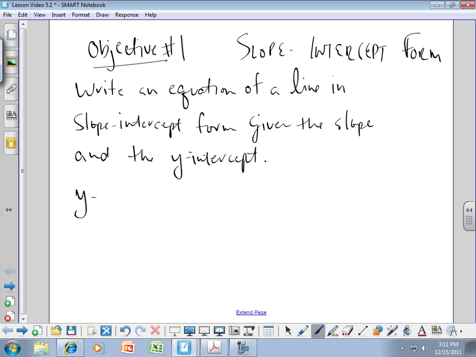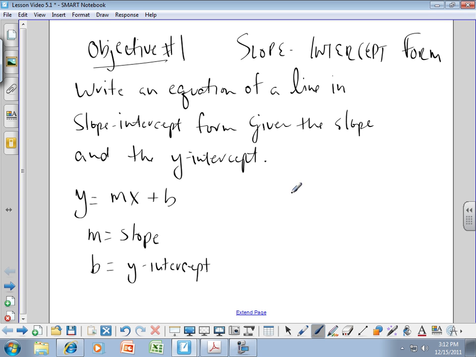Well, the first thing we probably need to know here is what exactly is slope-intercept form? Well, here it is. y equals mx plus b, where m is the slope and b is the y-intercept. All right? And so the first kind of problems you're going to run into are problems where they give you m.